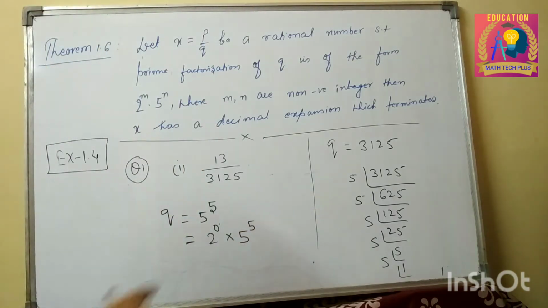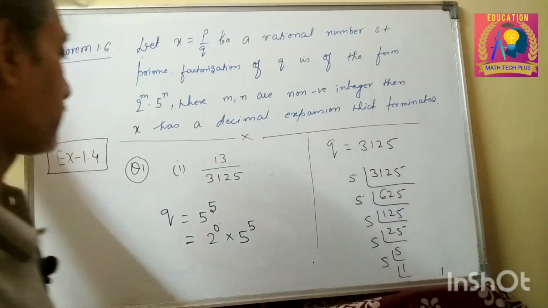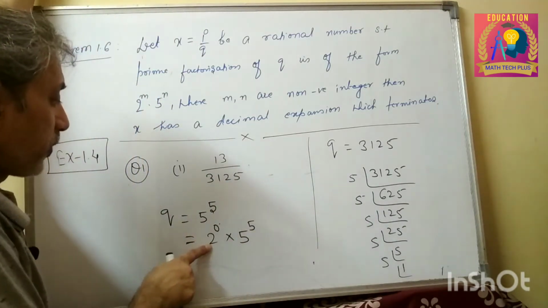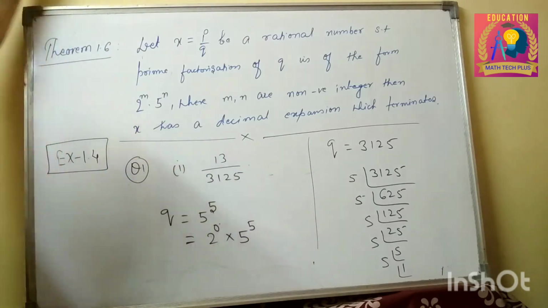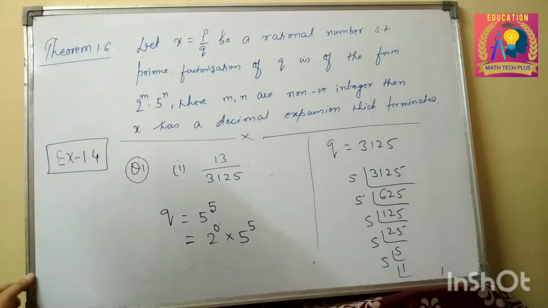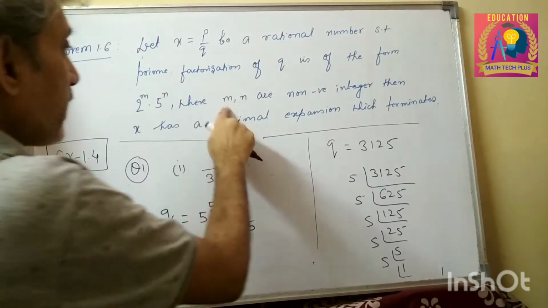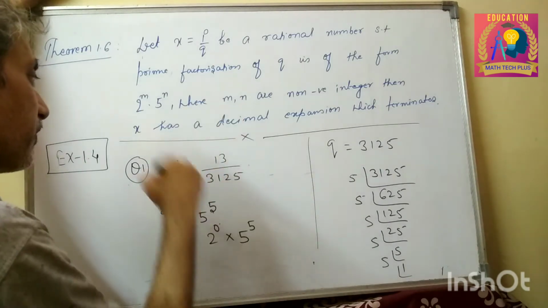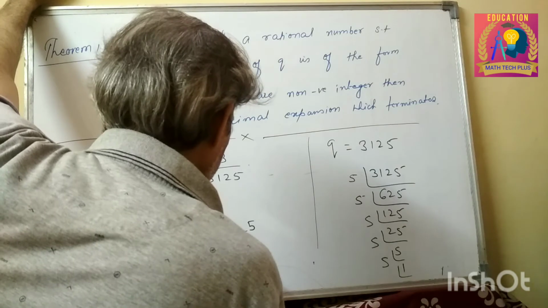Since 2 raised to the power 0 is 1, and any number multiplied by 1 is the number itself, now we are getting 2 raised to the power m, where m is 0 and n is 5. And therefore, since q fits in this form where m and n are non-negative integers, this number will terminate. This number is a terminating decimal.